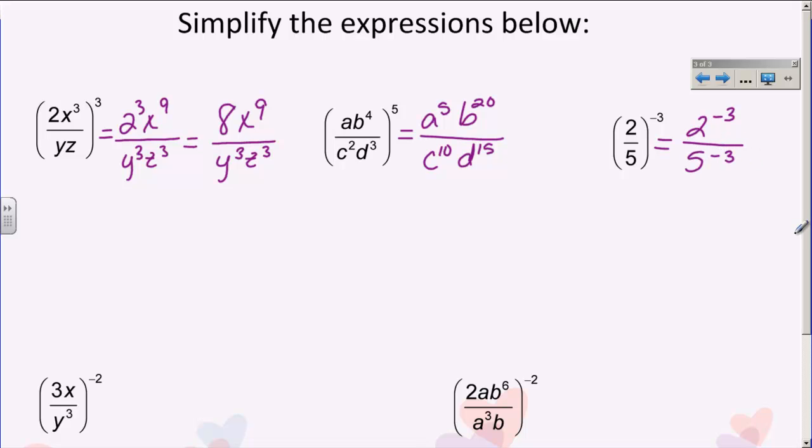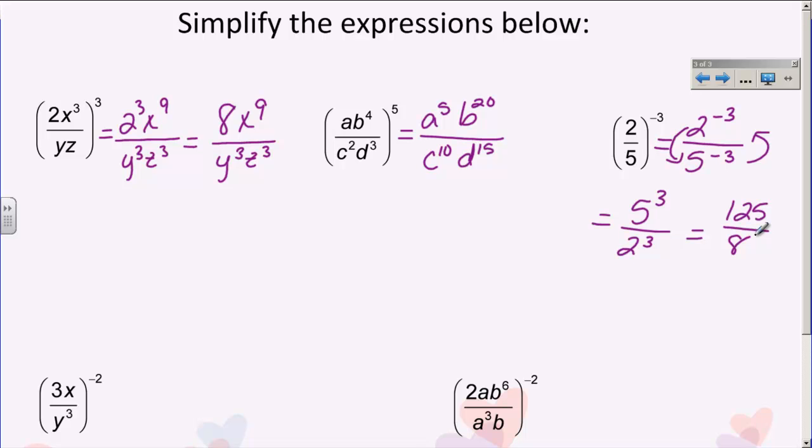And you know from talking about negative exponents that they're not okay, so I've got to do a little switcheroo here. The 2 has to come down here to the denominator, but the 5 has to come up to the numerator. So I'm really just going to flip this over like I'm going to do a reciprocal, and my exponents are going to become positive. So I end up with 5 to the third over 2 to the third. Then I'm going to actually do the math and get 125 over 8.